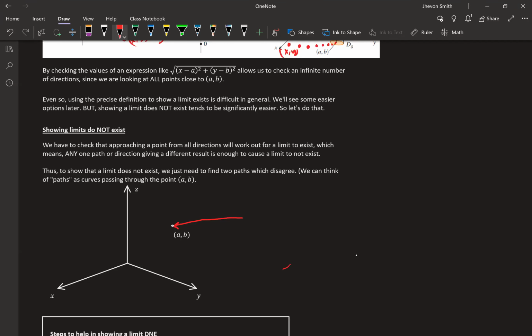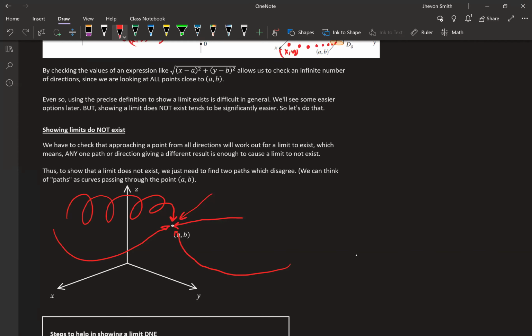But I can also come in at a curve, boom, hit the point (a, b). I can come in at this curve, boom. I can come along a spiral, boom. I can come along a straight line, boom. So there are multiple ways to approach the point (a, b).